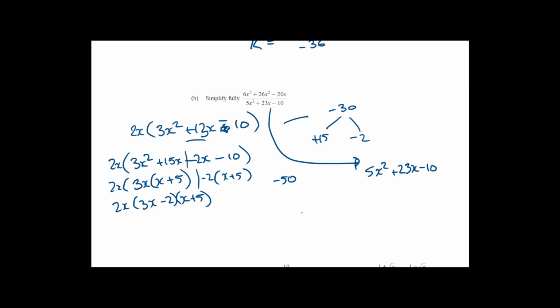So we need some number that multiplies to give us negative 50 and adds to give us positive 23. It's obviously 25 and negative 2. So we are going to separate that out into its components: 5x squared plus 25x, and that's going to factorize nicely, minus 2x minus 10.